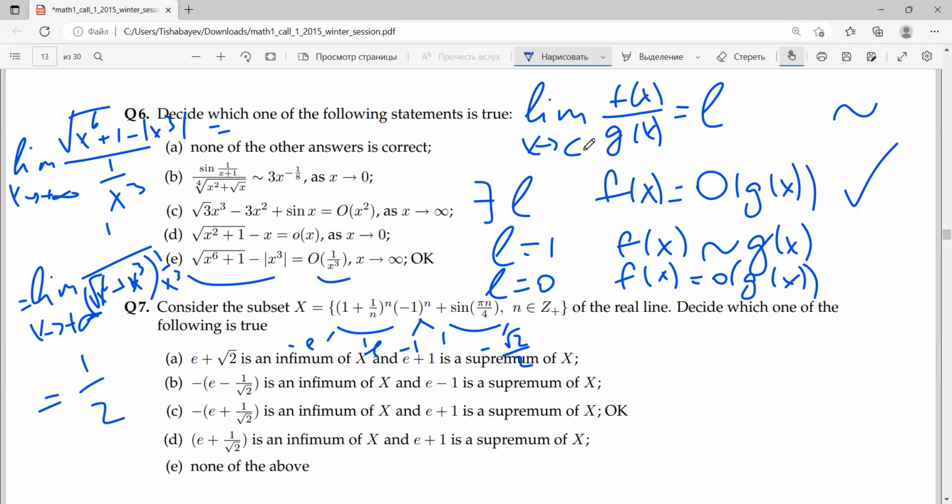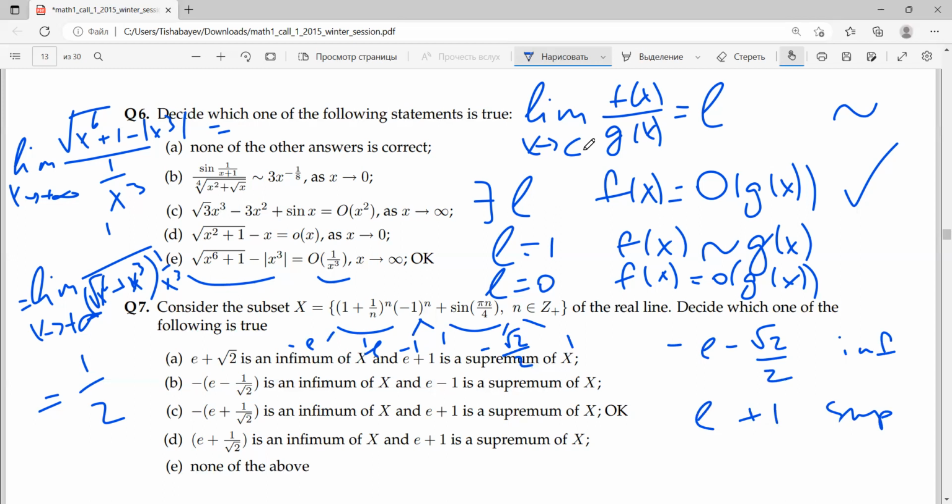Plus square root 2 over 2. No, the greatest one is 1. Yeah. So you can see, if we add the least one to the least one, here will be minus e minus square root of 2 over 2. This is the infimum. And plus e plus 1 is the supremum. The same is C1. Is it clear?